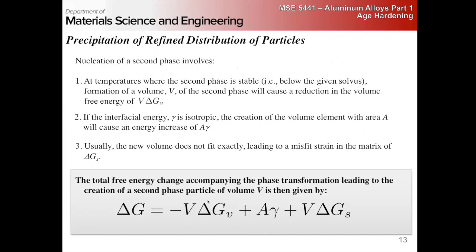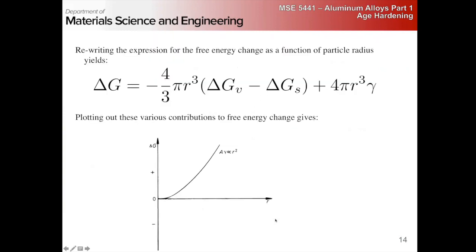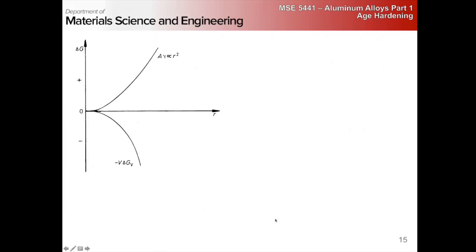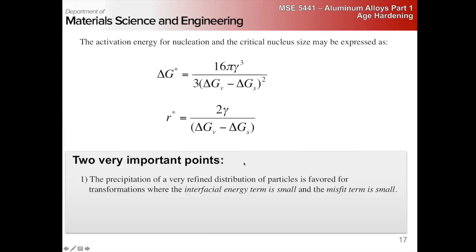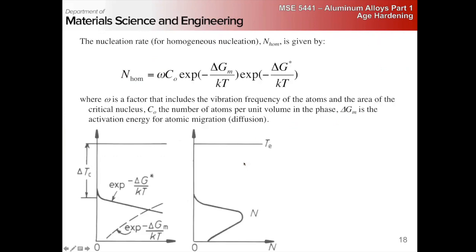Thermodynamics of nucleation. This is very useful; everyone should know this diagram and understand the physical meaning of delta G star and R star and what goes into it, and why we need undercooling.